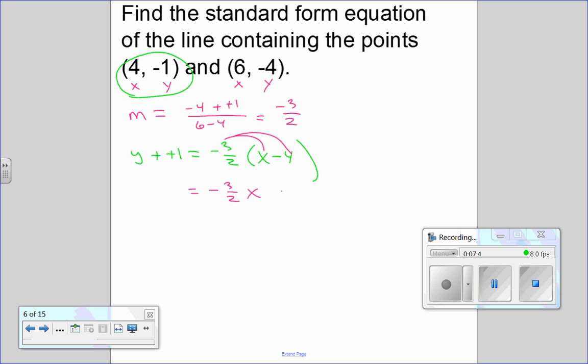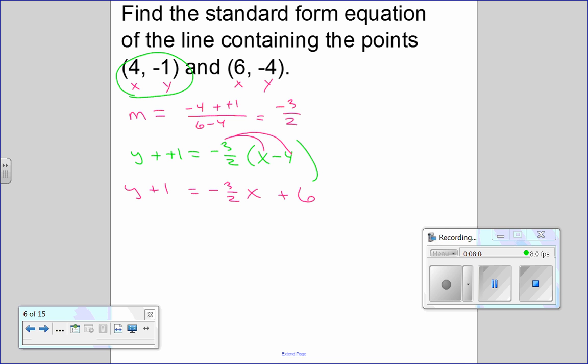I think it's a +6. You might need a calculator to check that. Check it. It's a -3/2 times -4, so it becomes a +12 over 2. It's 6. It is. You know how I'm doing that mentally, right? -3 times -4 is a +12 divided by 2.